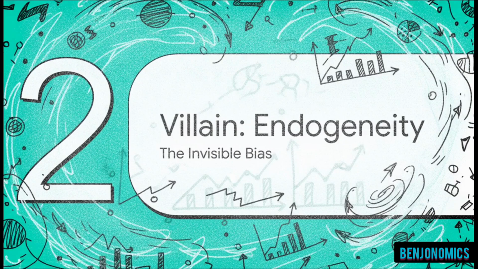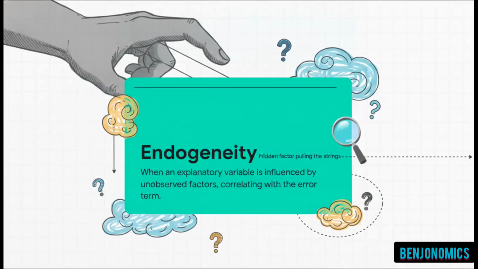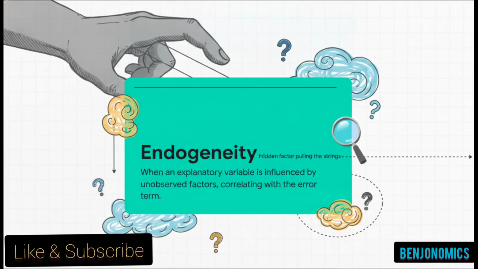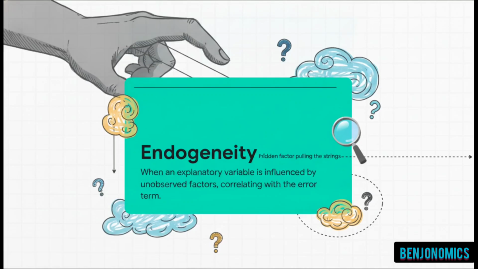Which brings us to part 2, the villain, endogeneity. Now, I know endogeneity sounds like a scary textbook term, but don't let it intimidate you. It basically just means there's a hidden factor pulling the strings behind the scenes. Your explanatory variable is being influenced by unobserved stuff floating around in your system, which causes it to correlate with the error term in your equation.